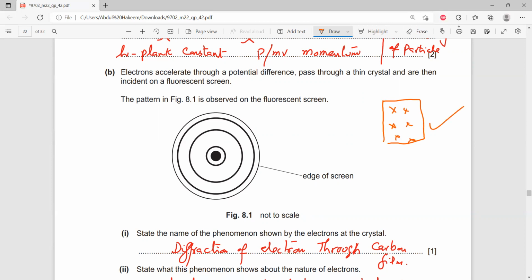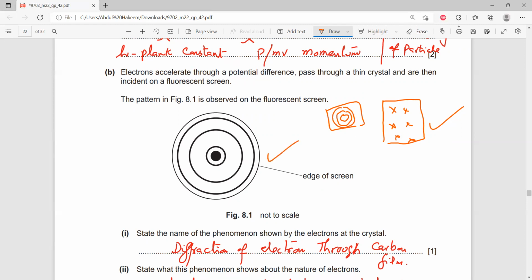So this is the particle behavior. But if the electron is converted into the wave nature, when it is forced to pass through the carbon film, on the screen, due to diffraction, it will produce concentric fringes. So here, these are the concentric fringes.